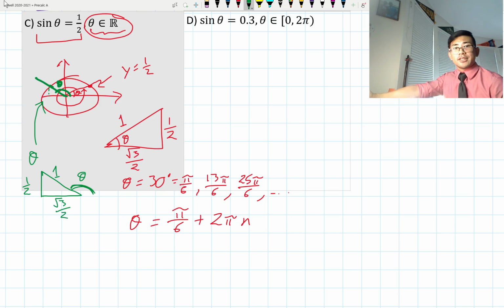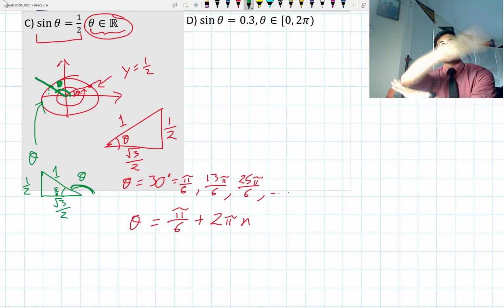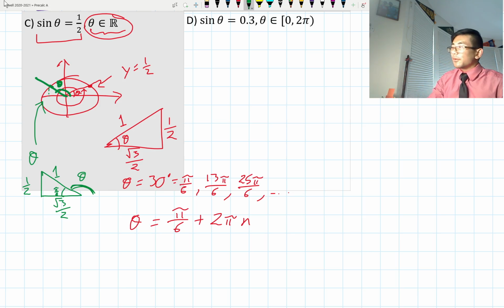This is another 30, 60, 90 triangle. So this reference angle is going to be pi over 6. And remember, theta starts from the positive x-axis to wherever it ended up. That means theta itself is 5 pi over 6.